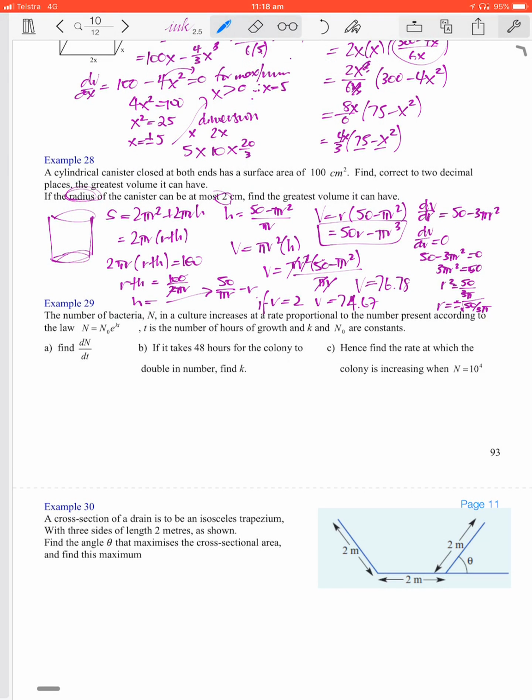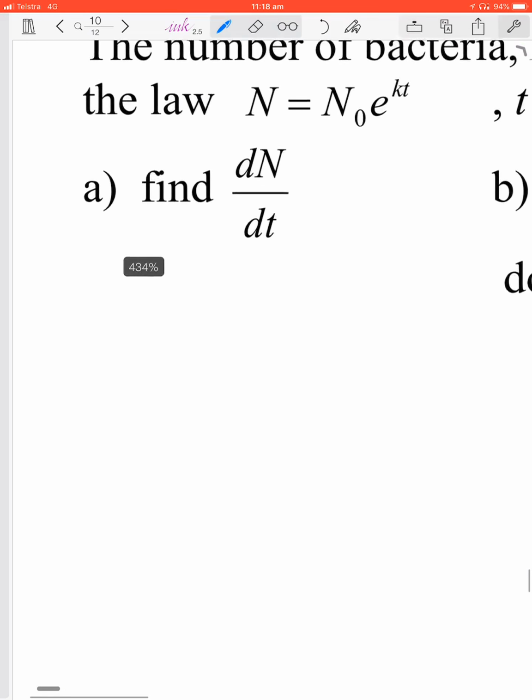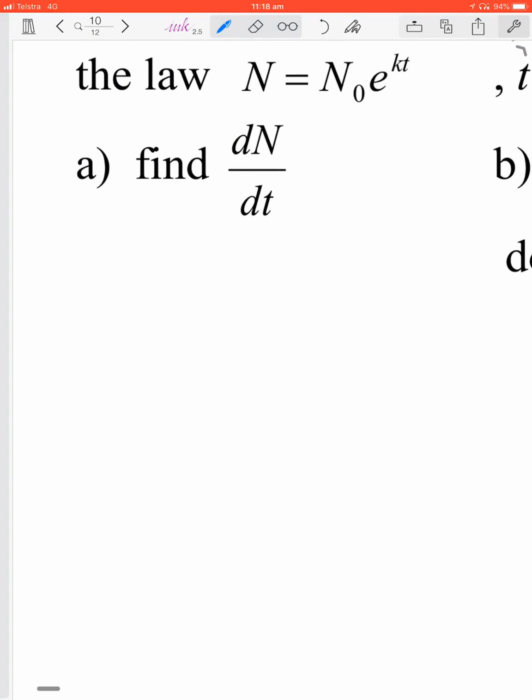Okay, so the number of bacteria N of a culture increases at a rate proportional to the number present. According to that law, find dN/dt, where t is the number of hours of growth and k and N naught are constants. So we have N is equal to N naught e to the kt.